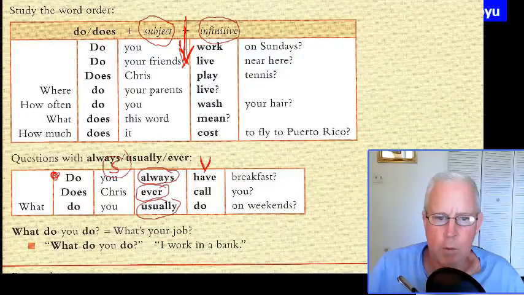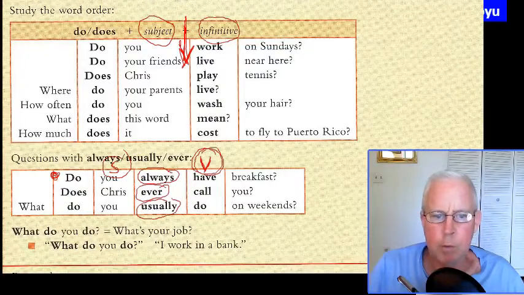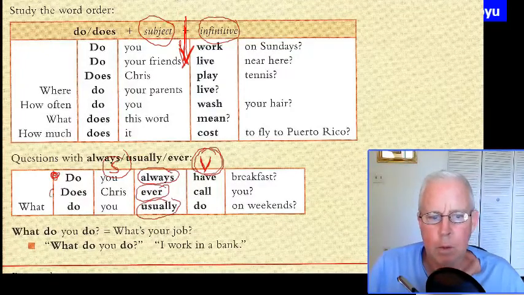The subject and the main verb, the base verb. Does Chris ever call you? And a WH question: what do you usually do on weekends? So really no other position. That's the place for these.